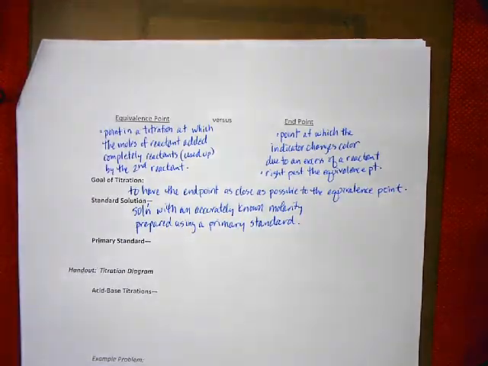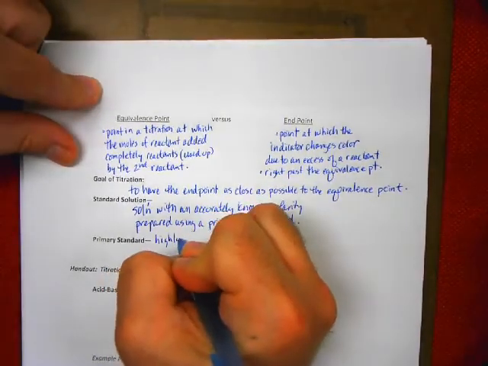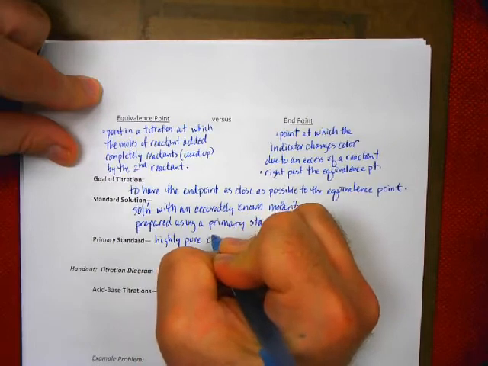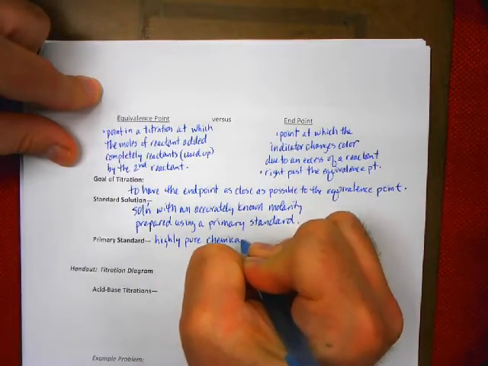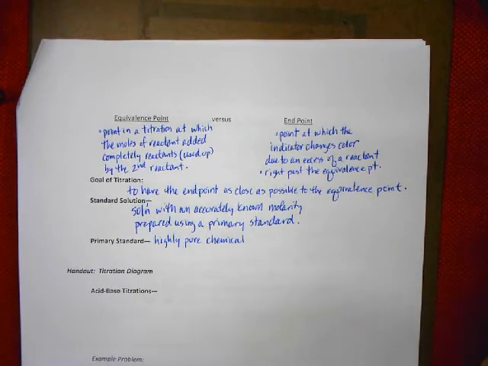And a primary standard is a highly pure chemical. And it has certain properties that make it really good. A lot of chemicals will react with the atmosphere. They'll absorb water from the atmosphere. It might not be very soluble in the solvent when you prepare the solution.